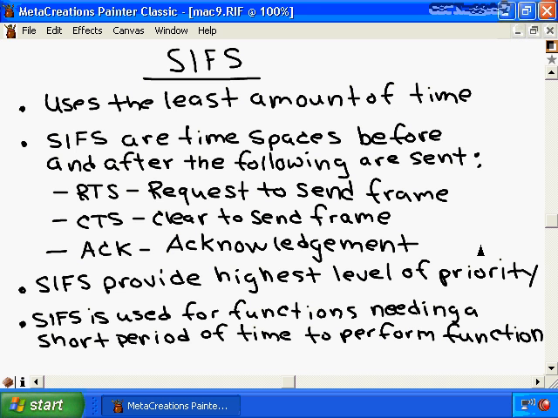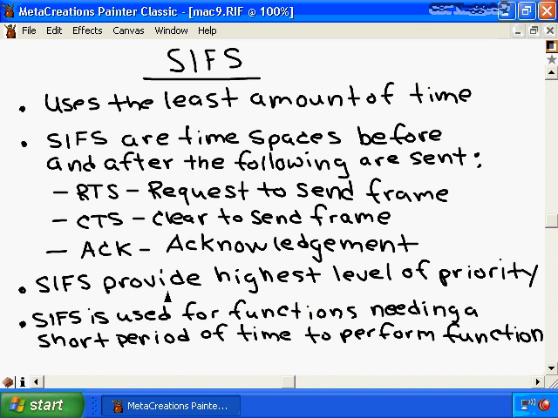It'll adjust the clock on the wireless station with the clock on the wireless access point. In doing so, their clocks are in sync and they're marching in time with each other. And the duration of these three types of interframe spacing is actually hard-coded into the wireless LAN devices. So again, an SIFS is a time space that occurs before and after these types of frames are sent.